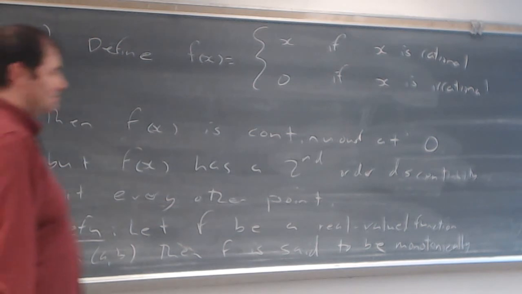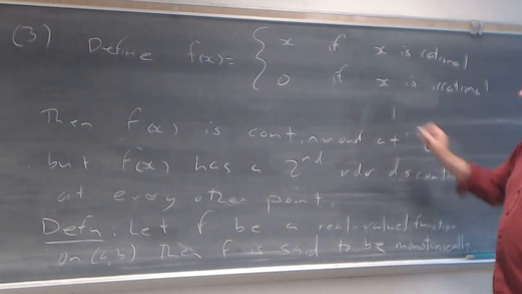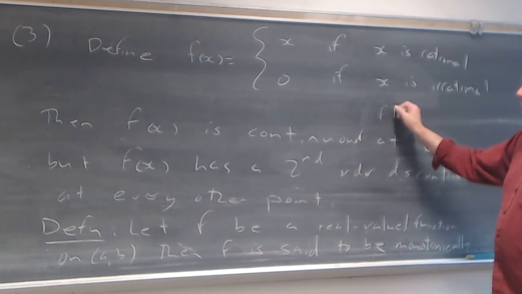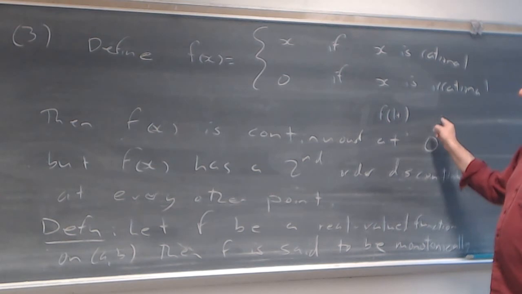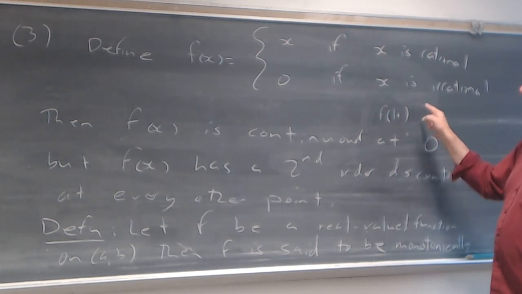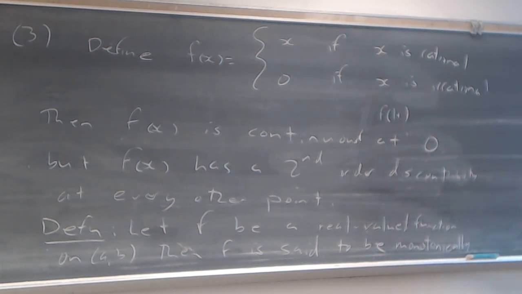I'm going to say that again. If you take a rational number, let's say 1, then I can get to 1 through sequences of bigger numbers, coming in from the right, that are all rationals, and that will go toward 1.